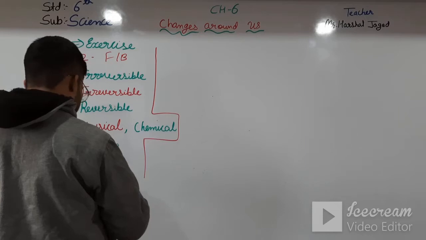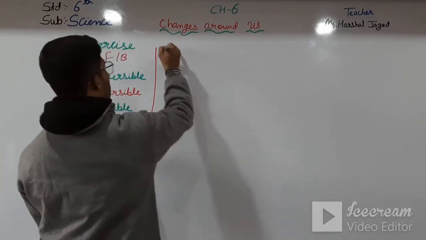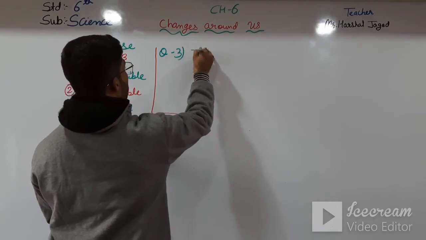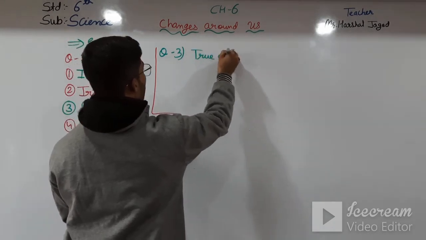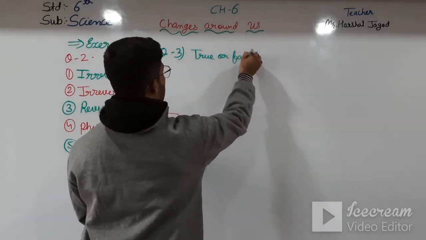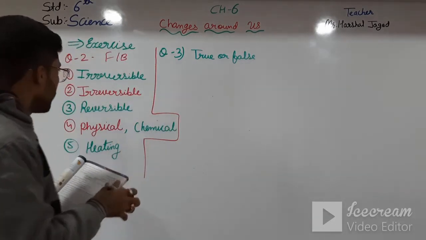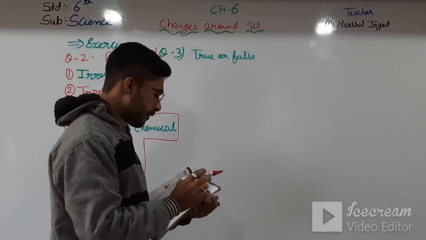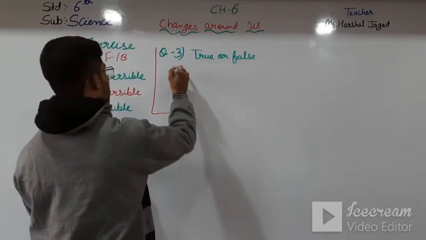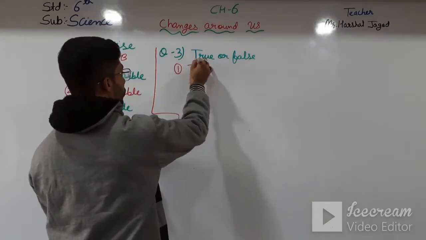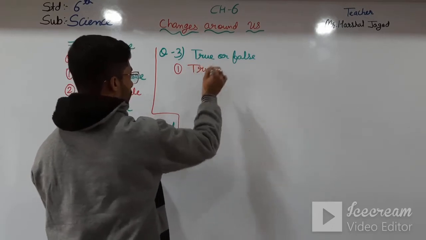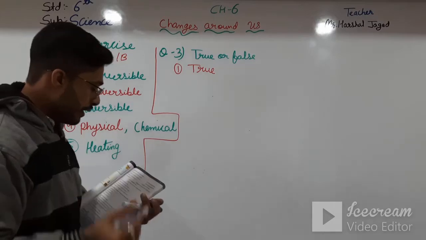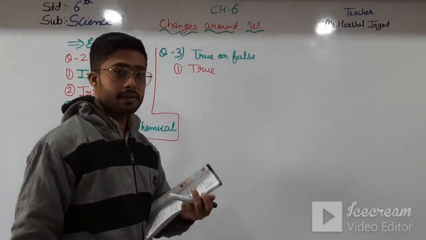Question number 3, that is true or false. The first one: curdling of milk is an irreversible change. Yes, that is true. Second: blowing air into a balloon is an irreversible change.